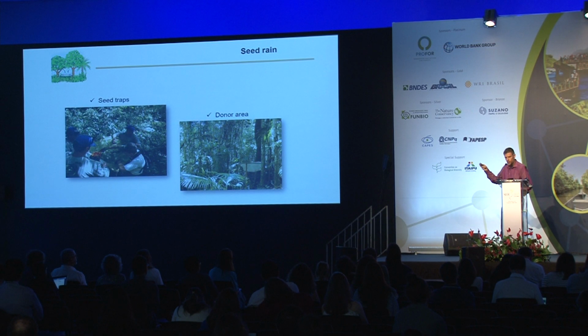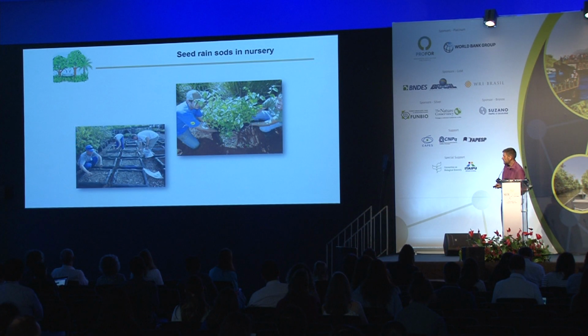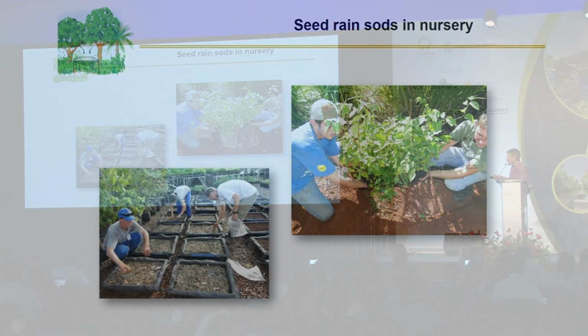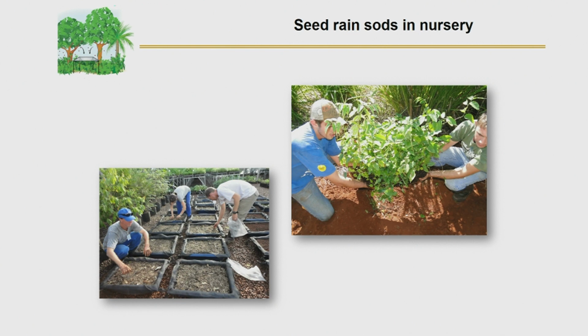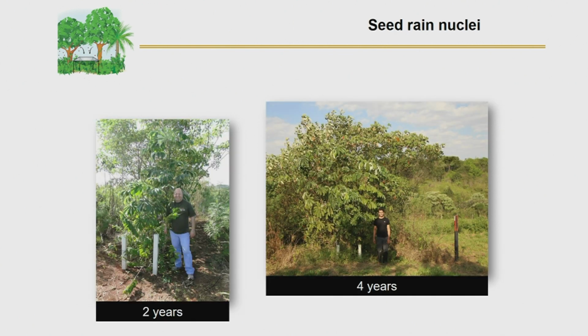The species that we put on the field will have fruits in all months of the year, which is very important for fauna maintenance. Same thing as topsoil: we put it on trays, produce sods of high diversity and put them on the field, making the nucleus after some years.